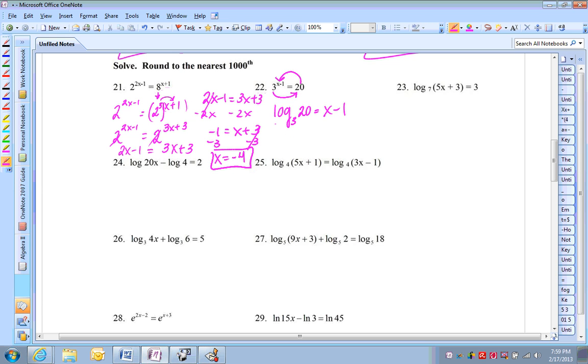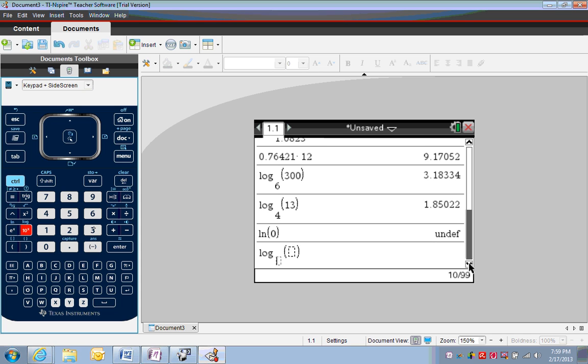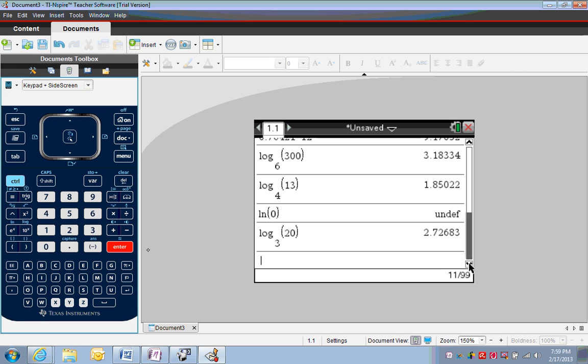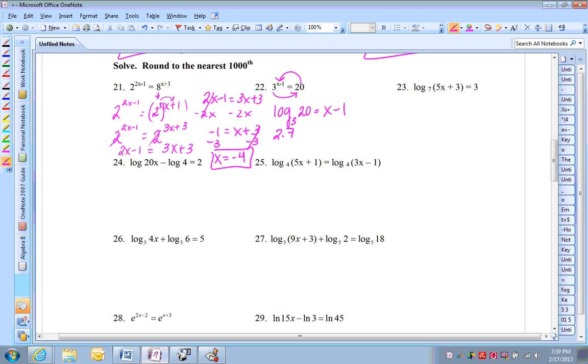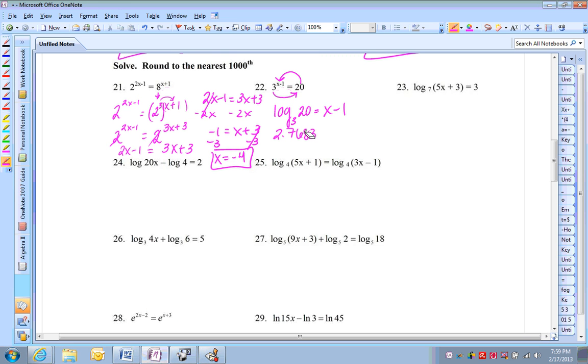equals x minus 1. Now all I need to do is go into my calculator and type in log base 3 of 20. And I find out that it is 2.72683 is equal to x minus 1.